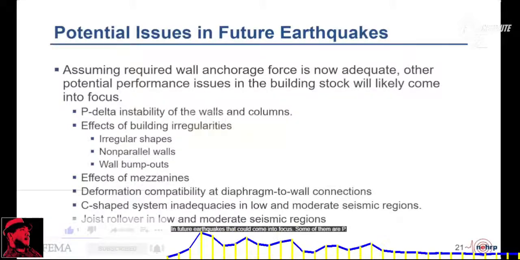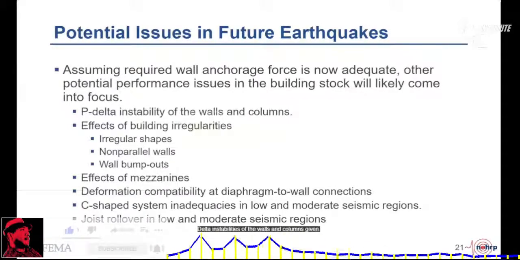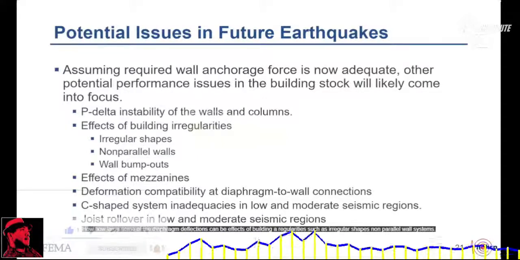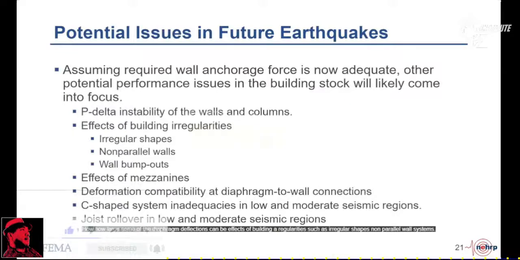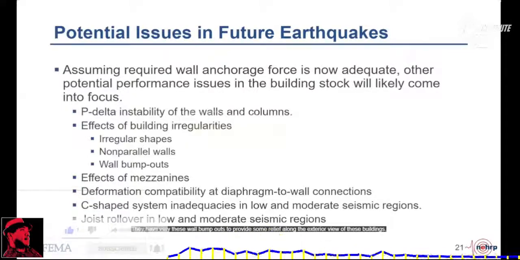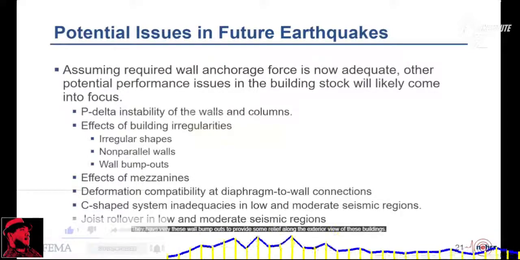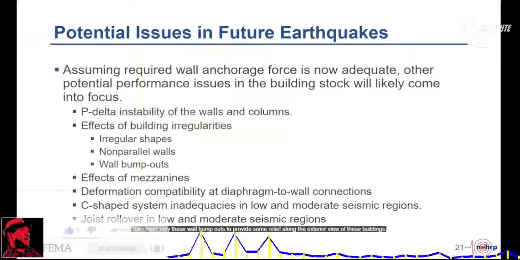Some of them are P-delta instabilities of the walls and columns, given how large some of the diaphragm deflections can be. Effects of building irregularities, such as irregular shapes, non-parallel wall systems. They have these wall bump-outs to provide some relief along the exterior view of these buildings.